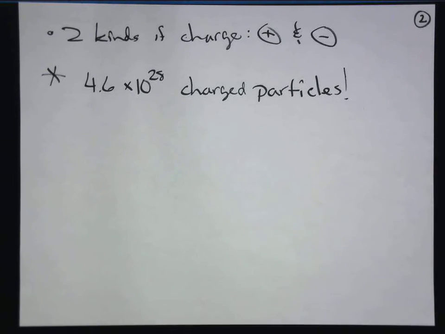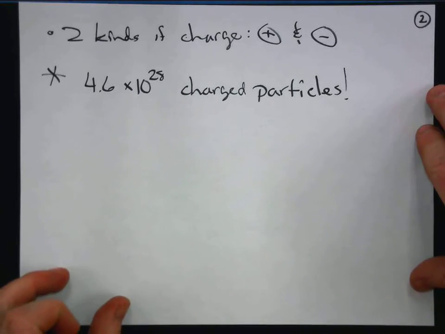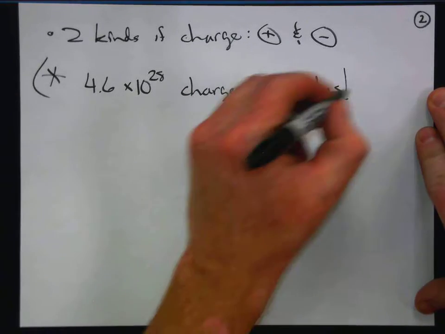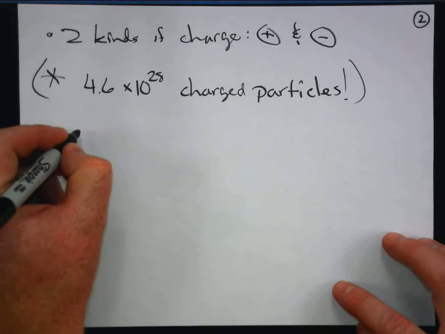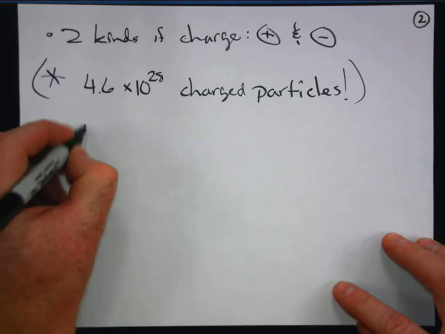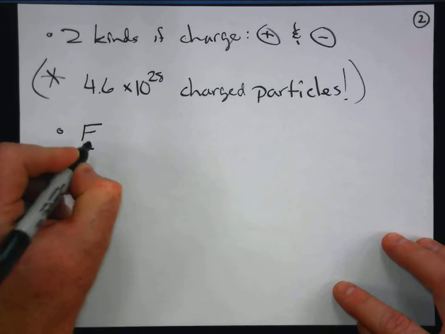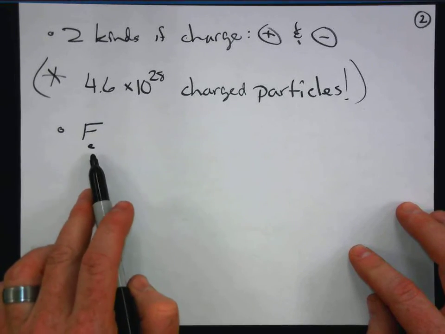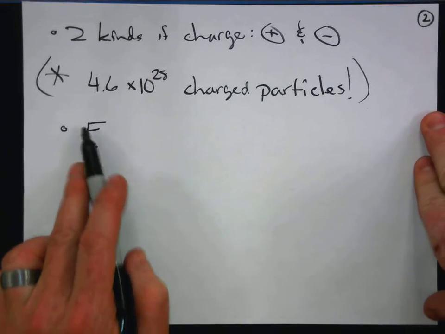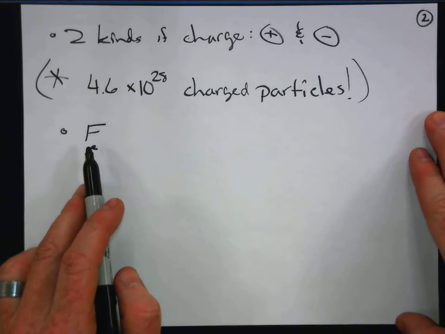Now, charges do exert forces on each other, and that force acts across a distance. So this is kind of trivial here. Back to important points. There is a force caused by electric charges. Oh, by the way, this is not Fe for iron. This is force of electric charges. That's just the notation that I'd like to use.